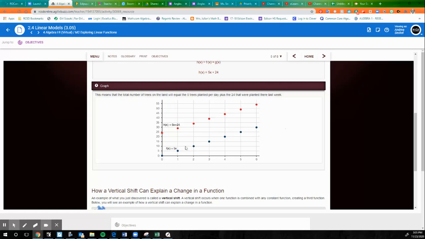Right here, the blue is the original one. When we added the 24 to it, it moved up. Okay, so you'll notice that right here we have a new y-intercept of 24, so the graph moves up. The opposite thing happens if it was a minus 24, the graph would move down here somewhere, and you would see points down here. So a vertical shift will move a graph up or down.